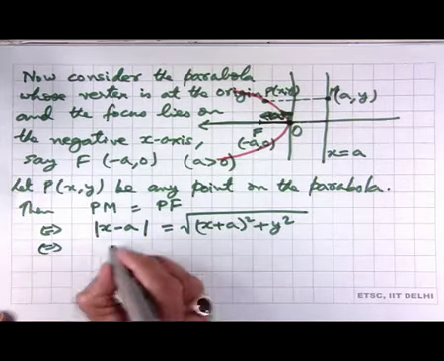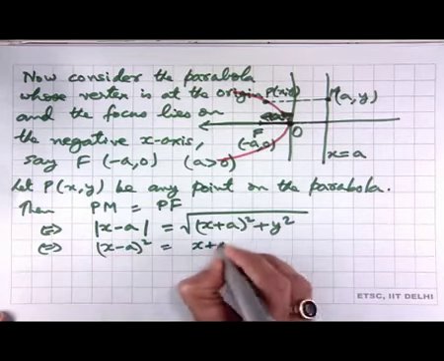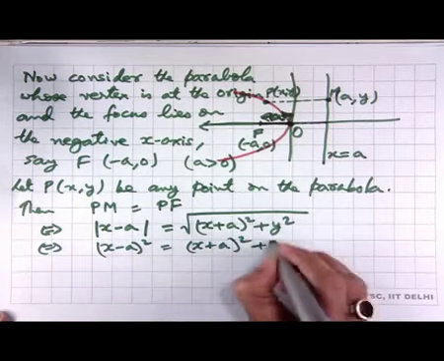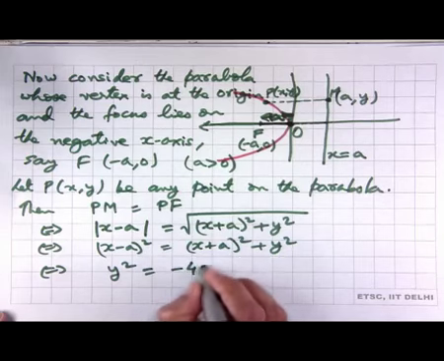Again by squaring we get x minus a square equal to x plus a square plus y square, and this will give y square equal to minus 4 a x.